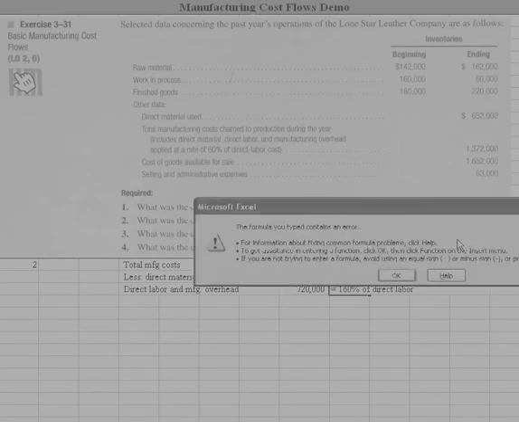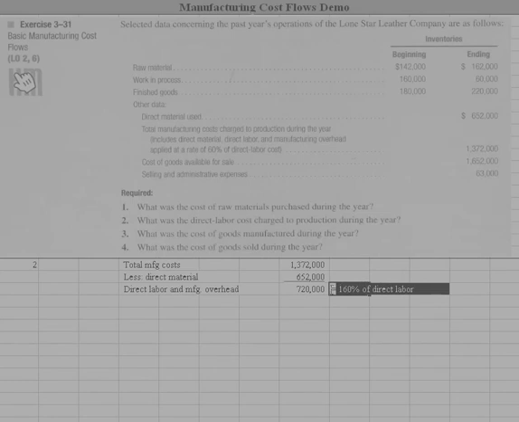Excel gives me an error because I put an equal sign, so let me turn it into a text string. To solve for direct labor, we set direct labor equal to the 720 divided by 160%, or 1.6. You could enter it as 160% or 1.6; both will give you the same answer. So we'll enter in Excel 160%, and that tells us our answer for direct labor.